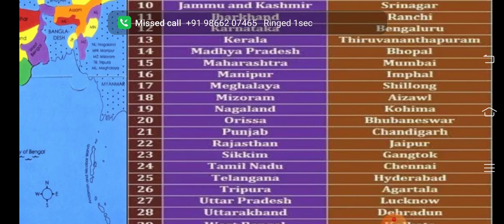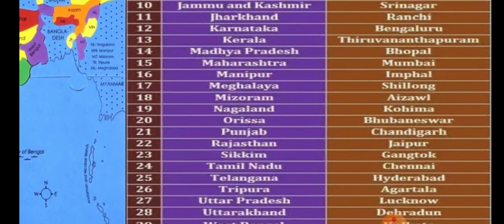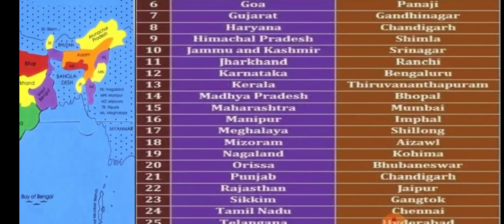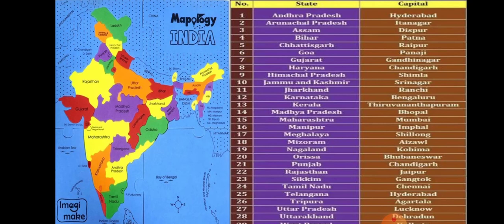Punjab, Chandigarh. Rajasthan, Jaipur. Sikkim, Gangtok. Tamil Nadu, Chennai. Telangana, Hyderabad. Tripura, Agartala. Uttar Pradesh, Lucknow. Uttarakhand, Dehradun. West Bengal, Kolkata. So students, note down and point out the states in your India map.